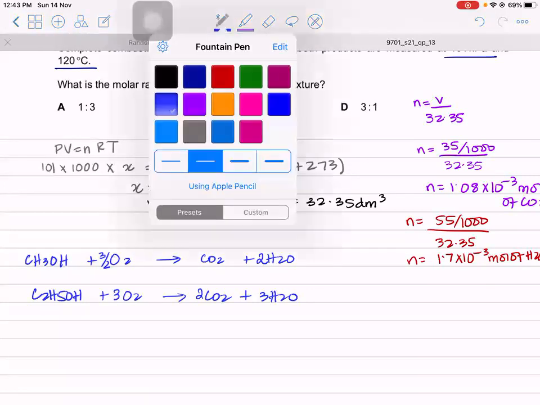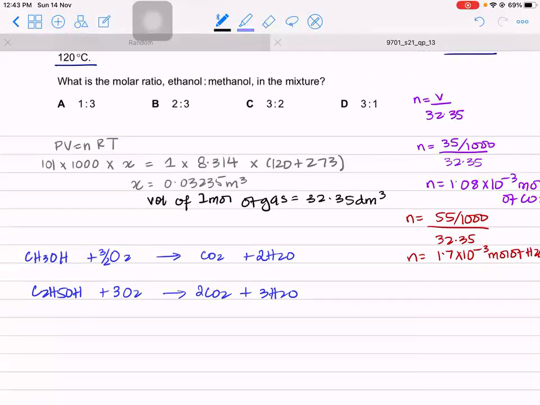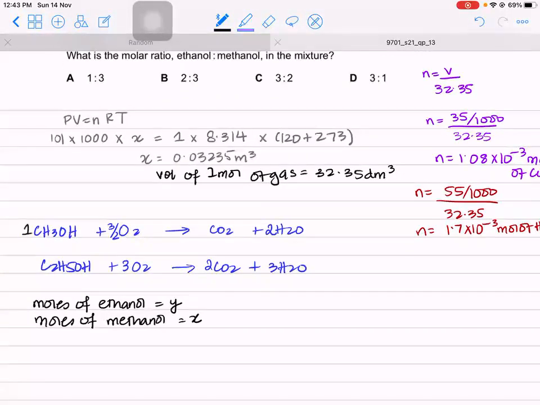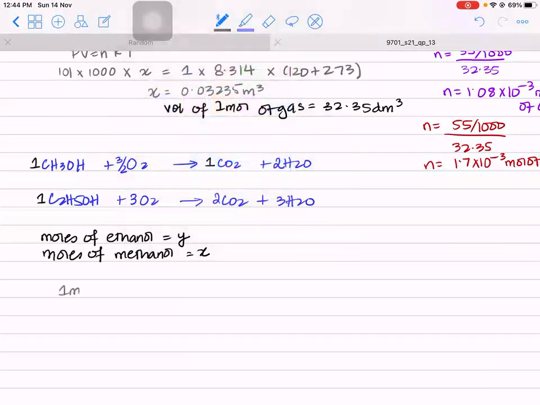Now, we don't know the moles of ethanol or the moles of methanol. So let's call the moles of ethanol y, and the moles of methanol x. We know that 1 mole of methanol gives 1 mole of carbon dioxide and 2 moles of water.